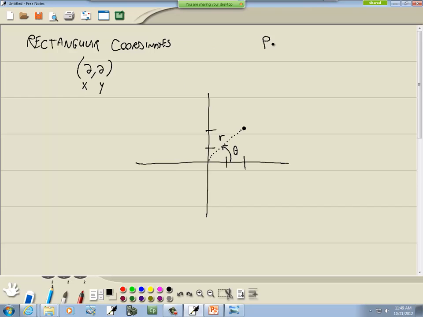So that's another way we could represent that point, and that's polar coordinates. We represent it as (r, theta): this distance and then this angle.